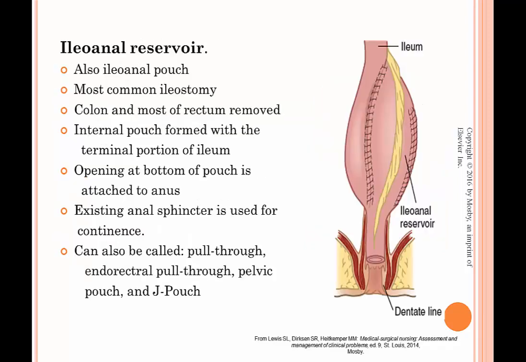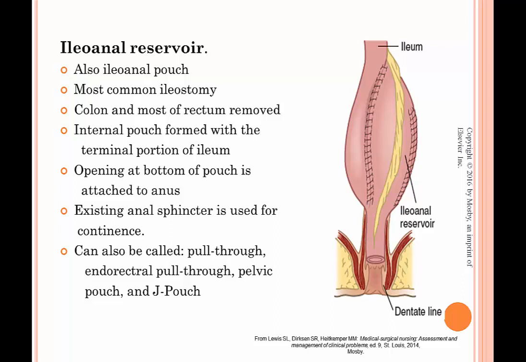There is also an ileal anal reservoir. So a pouch is created. It's not an ostomy per se because there is no stoma. In this procedure, the colon and most often the rectum are surgically removed, and an internal pouch is formed out of the terminal portion of the ileum.